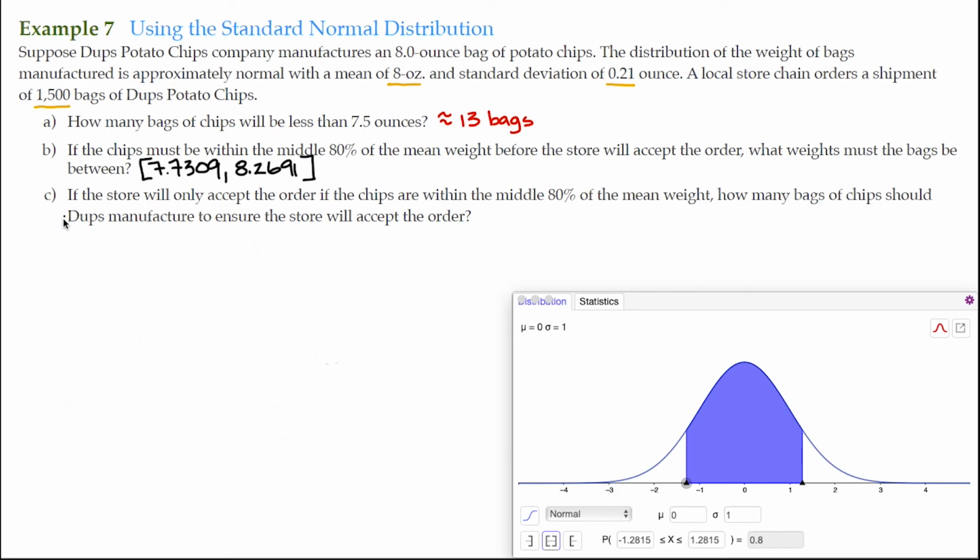So Dupps has to make more than 1,500 because a certain percentage are not going to be accepted. So all we have to do is determine 80% of how many have to be made to give me 1,500. So we just solve for x.